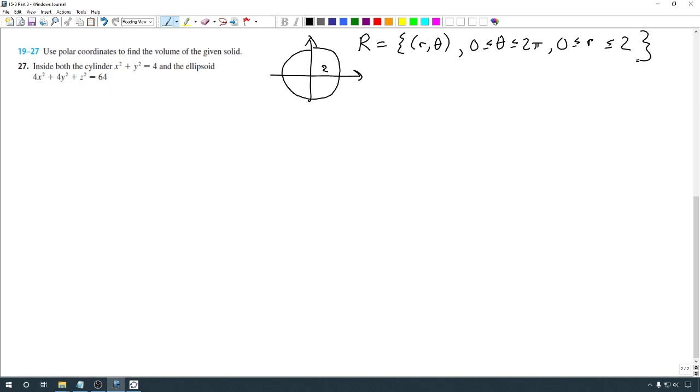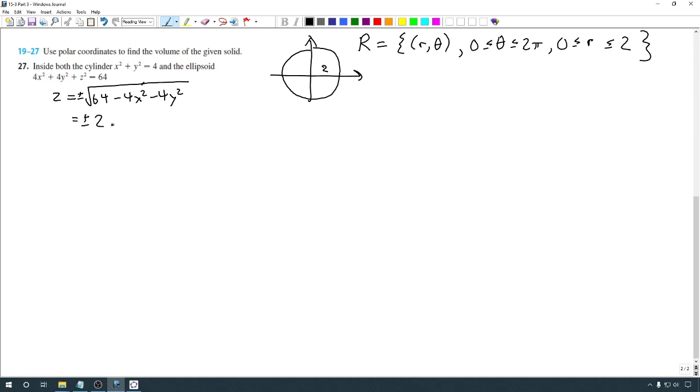Now, what is our actual function that we're dealing with? Remember, we are looking at the ellipsoid as our function. We need to solve for z. You can say that z is plus or minus the square root of 64 minus 4x squared minus 4y squared. In fact, if we want to, we can pull out a 4 from inside there.